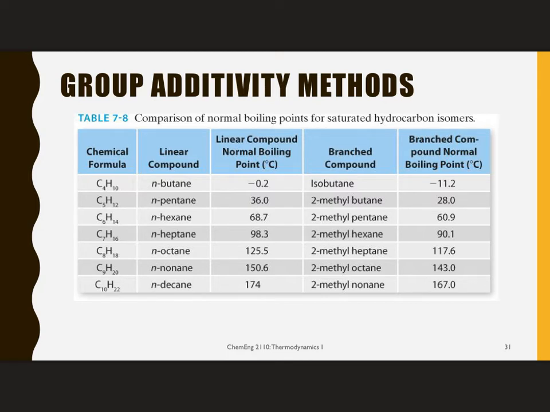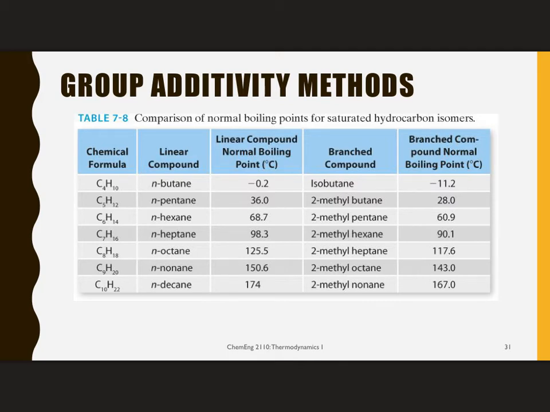What you notice is that as the number of carbons increases, the normal boiling point increases, both for the linear compounds, butane, pentane, hexane, etc., and for the branched version. However, in each case, the branched compound has a slightly lower value of the normal boiling point.